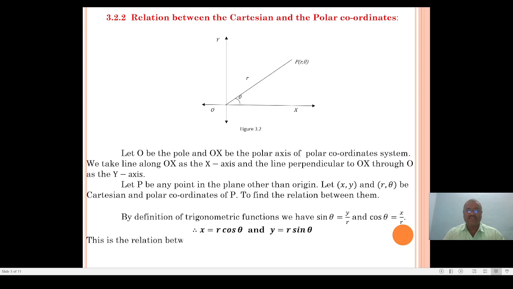This is the relation between Cartesian and polar coordinates. Means to find Cartesian coordinates using polar coordinates, we use the formula x equals r cos theta and y equals r sin theta.